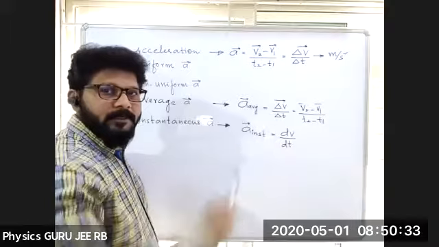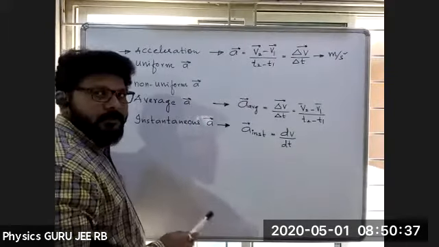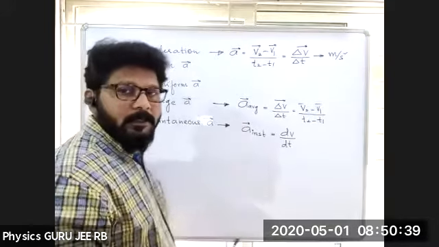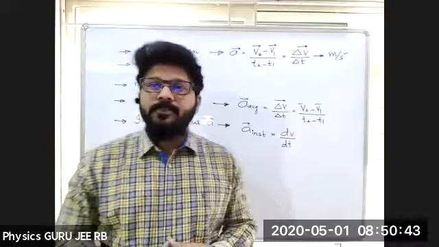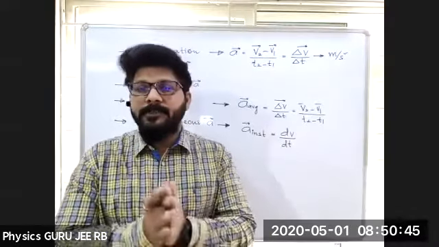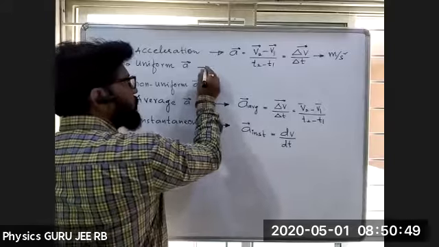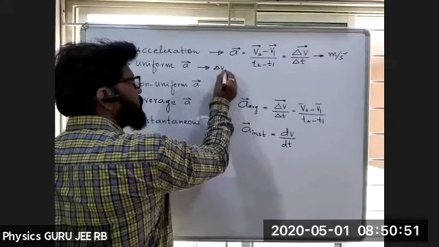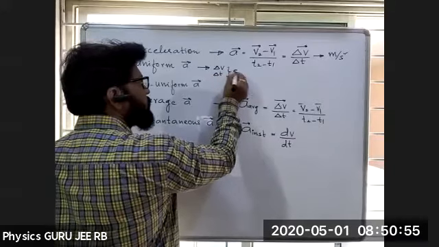The scenario will be the same in both cases. So if I take uniform acceleration, the change in velocities should be equal in equal intervals of time. That means delta V and delta T both should be equal.